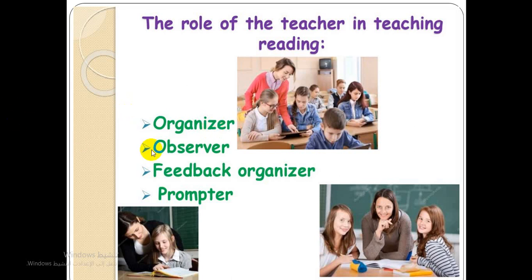Teachers as observers in teaching reading lessons. For example, this means that when we as teachers ask our students to read on their own, we need to give them space to do so.